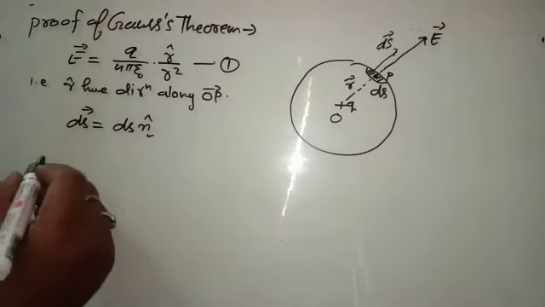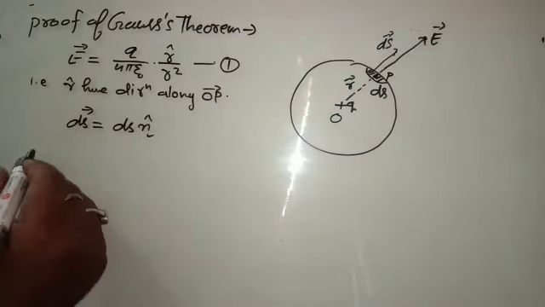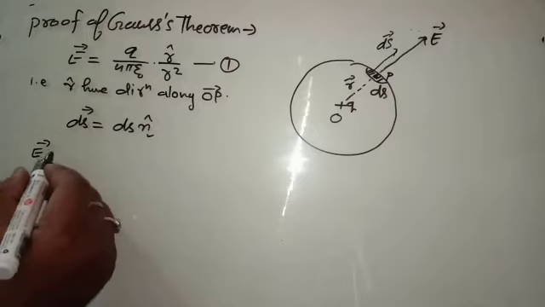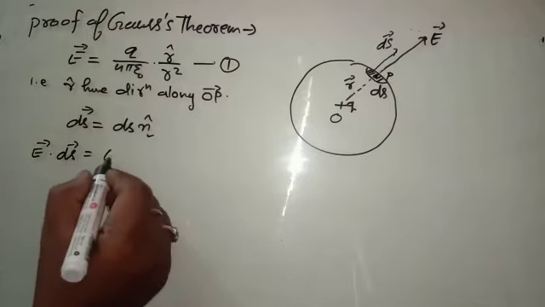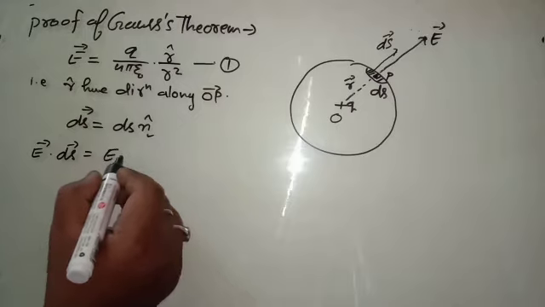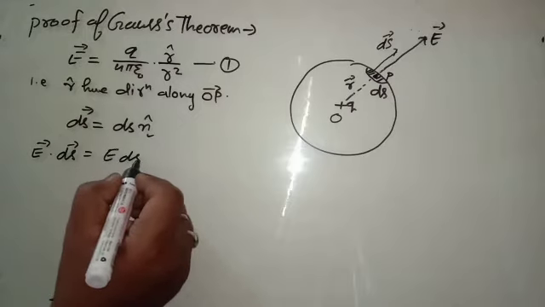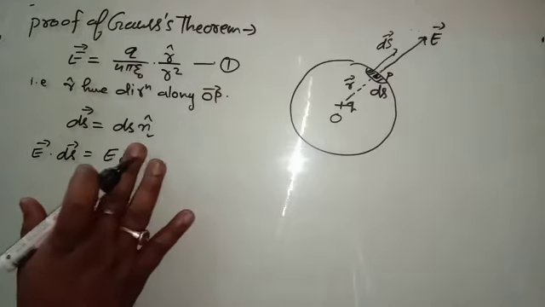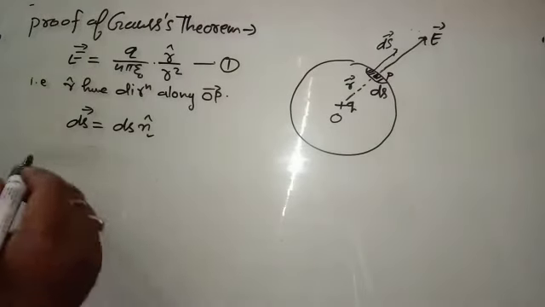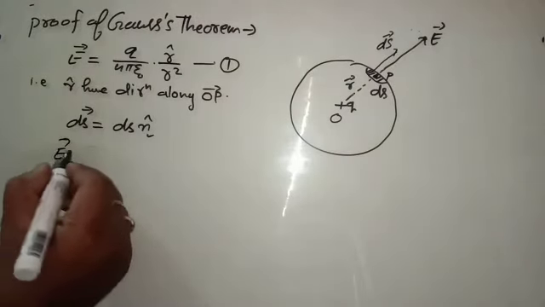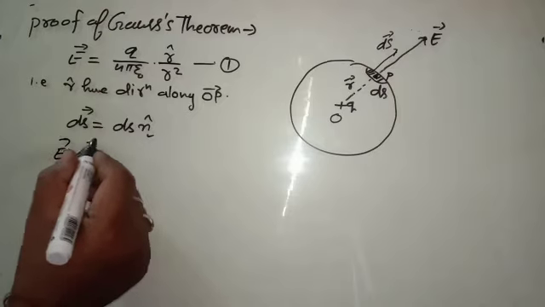Then we can write here vector E dot ds is equal to E ds.